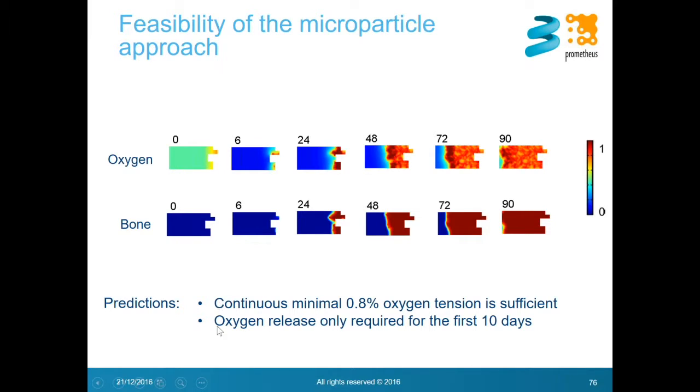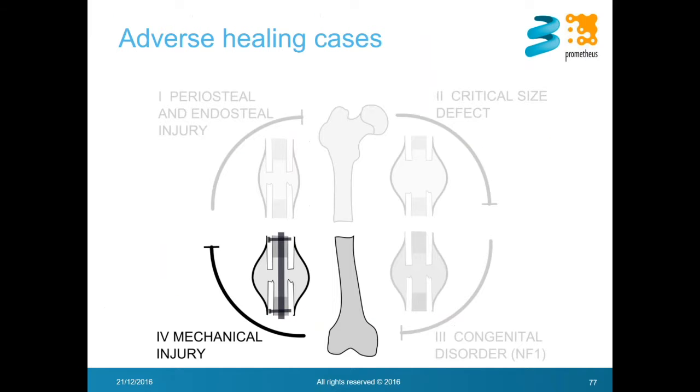And we also used the model to calculate how long this minimum level should be maintained before the biology could actually take over. And so currently the oxygen releasing beads have been created and they are being tested for their release profiles. And then once that is done, we can implant them.